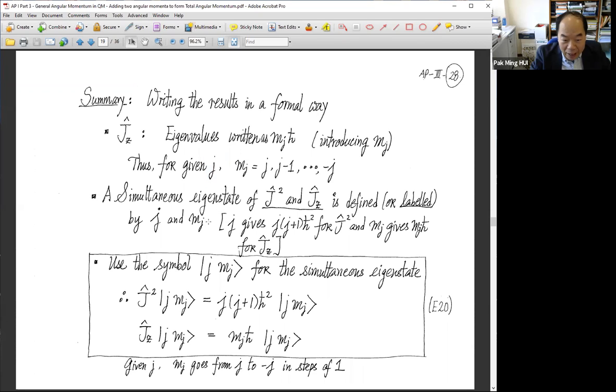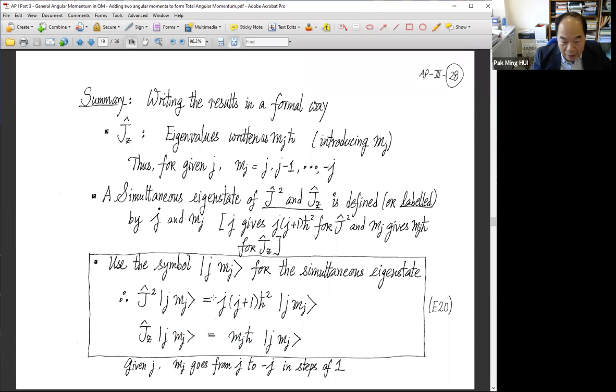Thereby, in an abstract way, we can label this |J, MJ> as the simultaneous eigenstate. This is our phi that has J square eigenvalue being J times J plus 1 h bar square. We proved it must take on this form, and JZ, when this second quantum number is MJ, will give us MJ h bar.